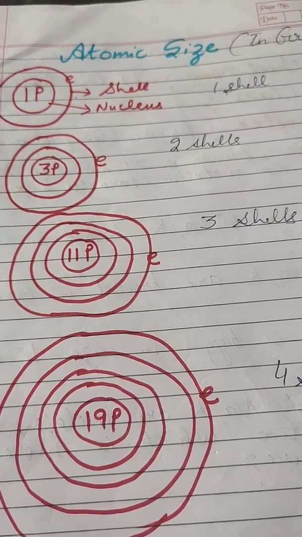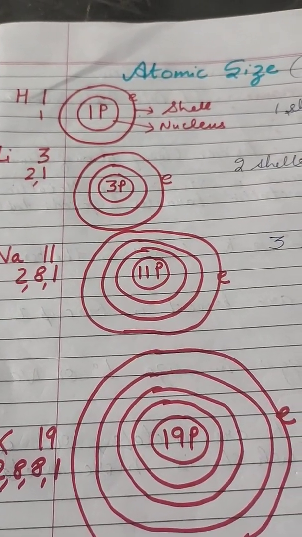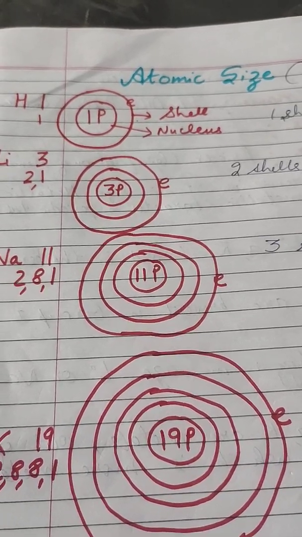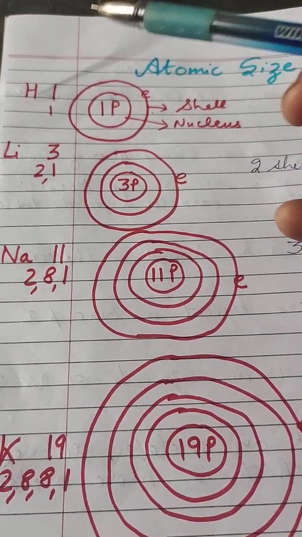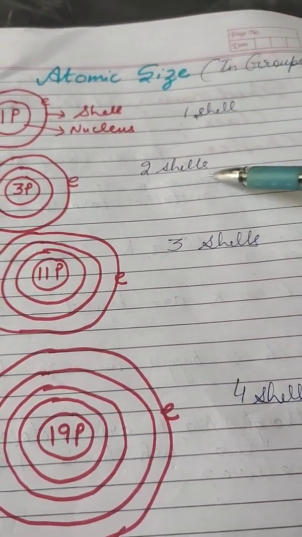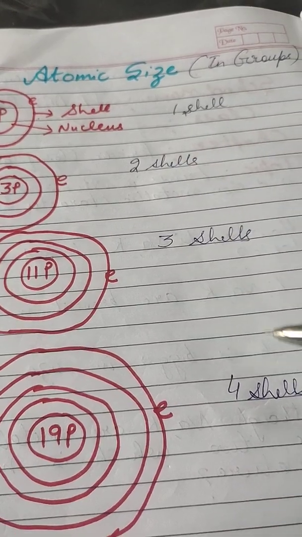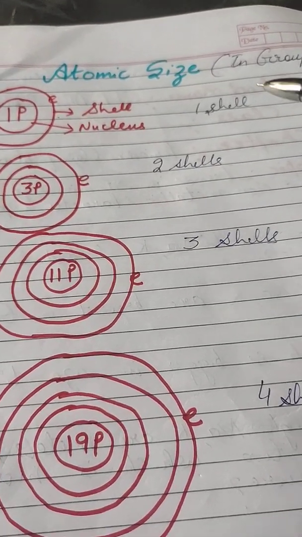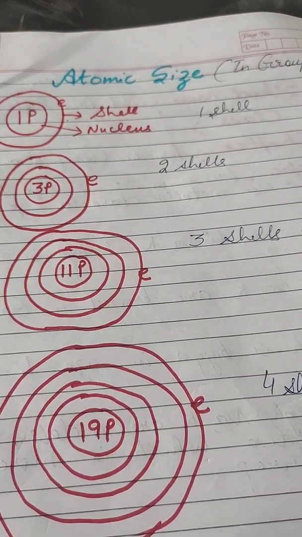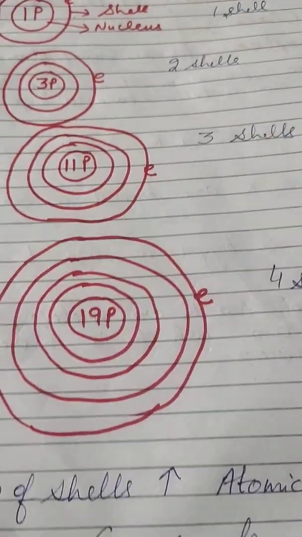So what you are able to see, as we move in groups, that is from top to bottom, from hydrogen to potassium, the number of shells are increasing: 1 shell, 2 shells, 3 shells and 4 shells. And if the number of shells are increasing, the size is automatically going to increase.